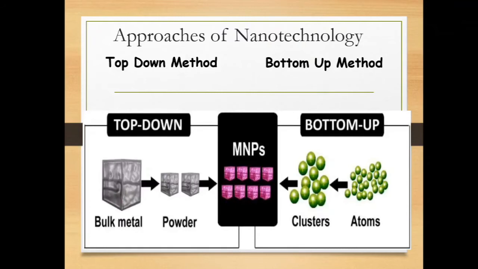Then we have the approaches of nanotechnology. It can be the top-down method or the bottom-up method. Analyzing the given illustration, top-down goes from bulk metal to powder, meaning from complex to simplest. On the other hand, bottom-up goes from atoms, the smaller ones, to complex ones.